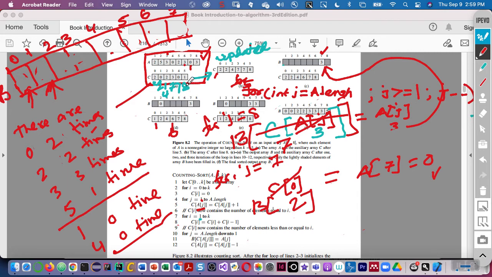Another loop: if you come to another loop, then A[J] will be A5, that means 2, right? And then it will go to index 2, this position 2, and at position 2 it sees 4. So this fifth element, 2, will go to the 4th position. 5 will go to the 4th. This 2, we're coming here, right? 2 or 0? How many loops have we done?